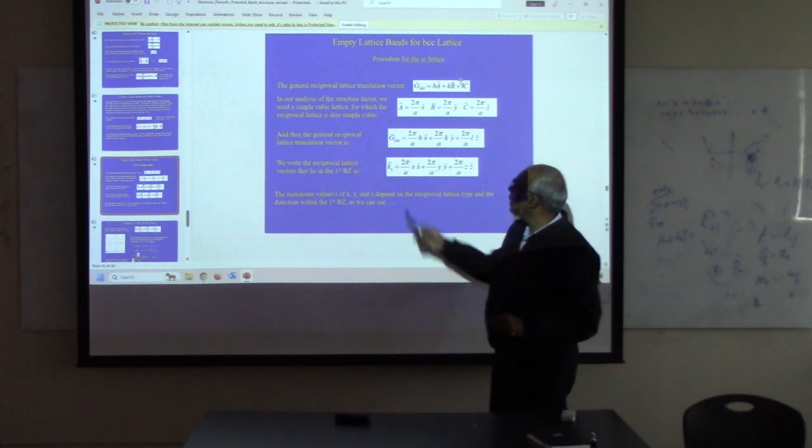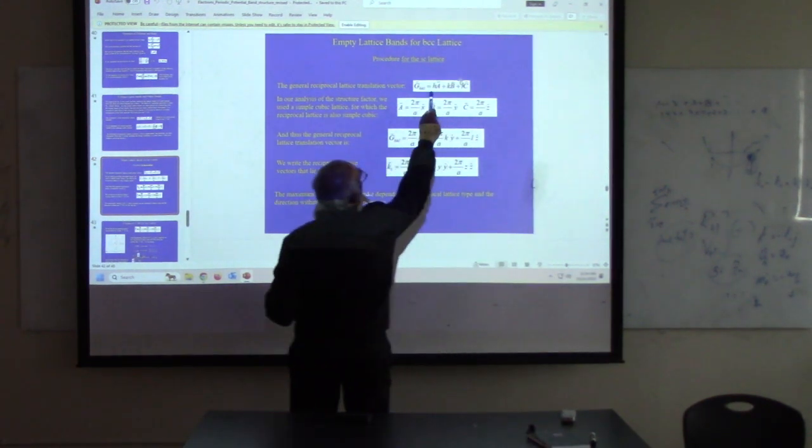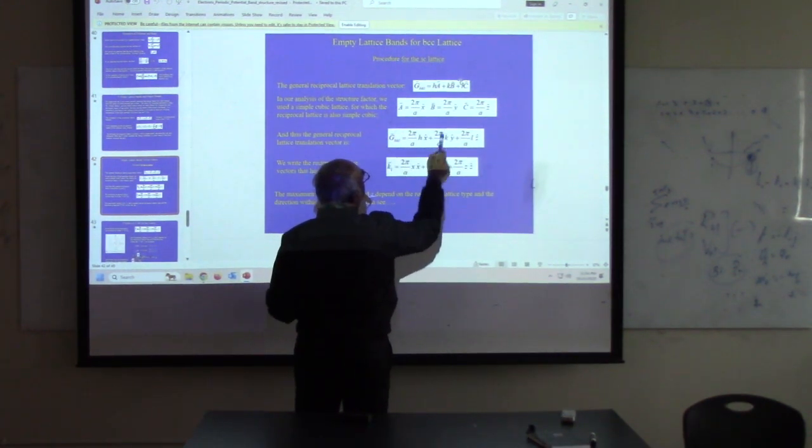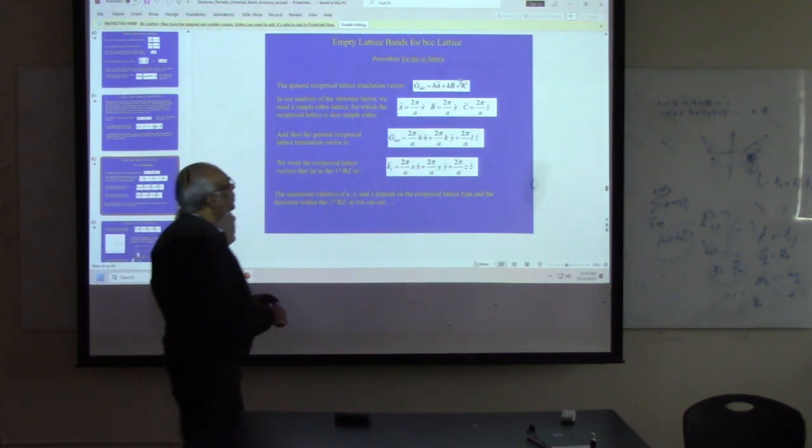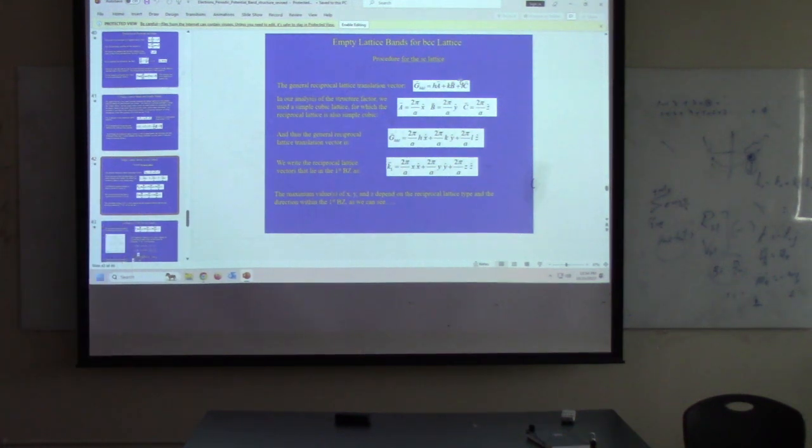So I can write G_hkl as h times 2 pi over a. Is this clear? Okay, now let's write the k vector, because this is what we are going to do. E is given by ħ squared over 2m times (G plus or minus k) squared, right? That's what we are going to do. So this one we wrote now as this one. How do you write k?